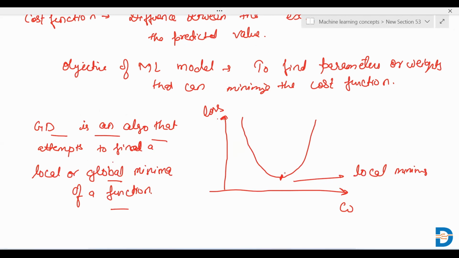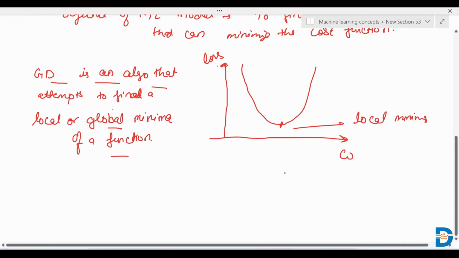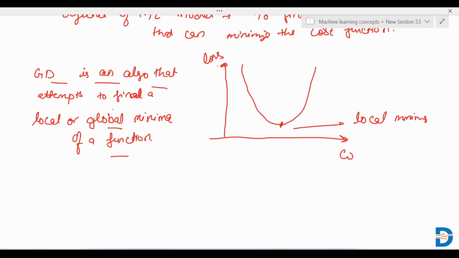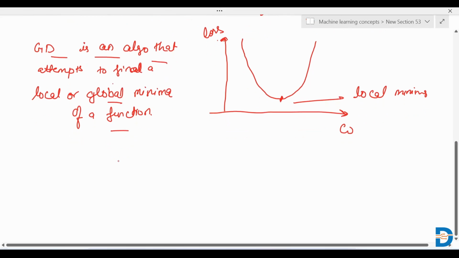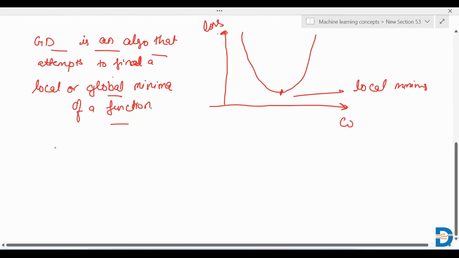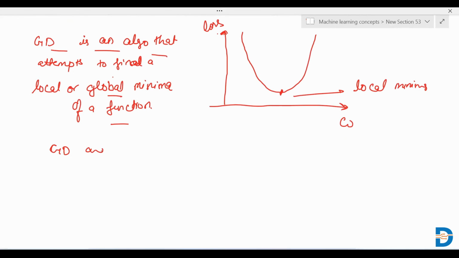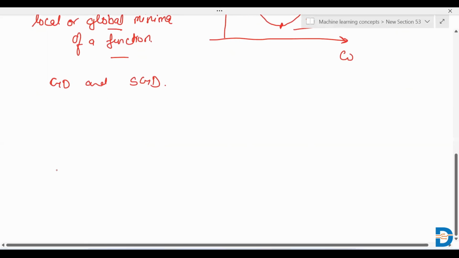At this point, we can say that the model has optimized the weights so that they minimize the cost function. We have two methods to minimize the cost function, GD and SGD, gradient descent and stochastic gradient descent. So let's understand the difference between both of them.